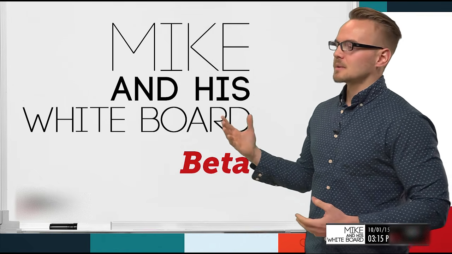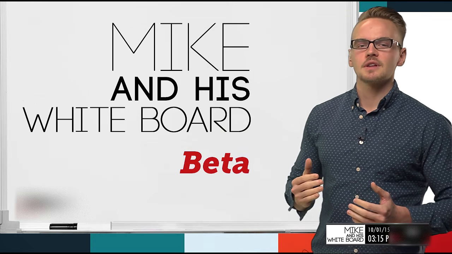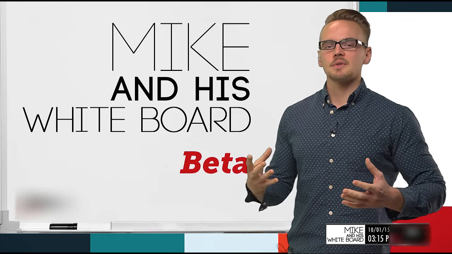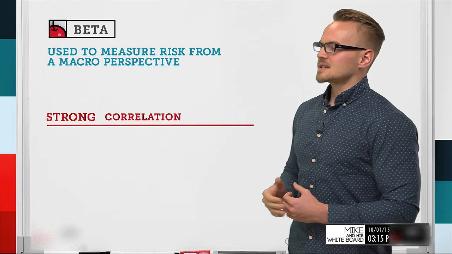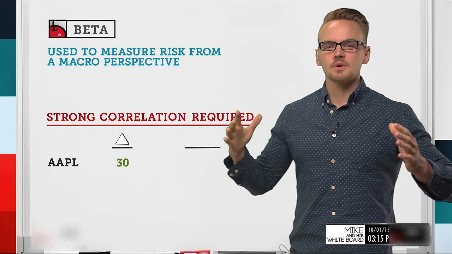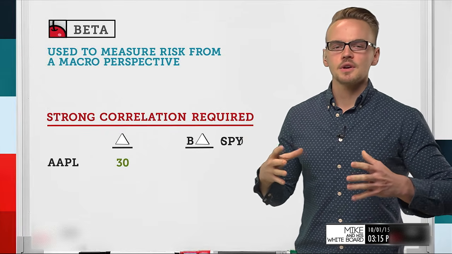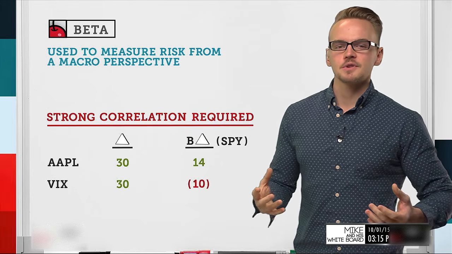When we're talking about beta, I'm going to break it down on the next slide. We're going to look at two different underlyings and show how two different betas can look very different. Beta is essentially used to measure risk from a macro perspective, looking at our portfolio or a certain position in an underlying from a market perspective.